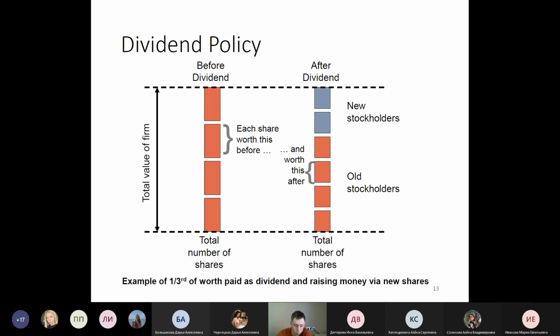If it is done in that way, then they argue that it is irrelevant how the firm would use that money, either pay dividend or use it in their operation alternatively.